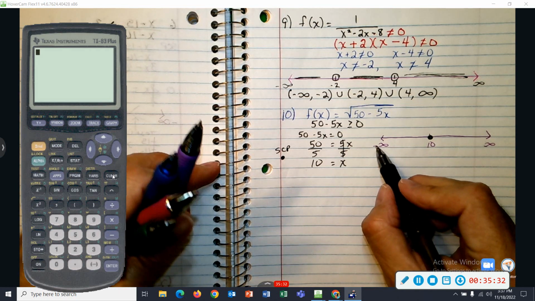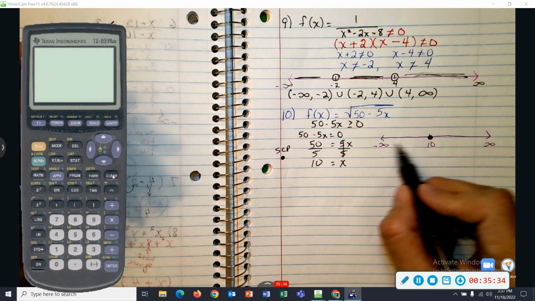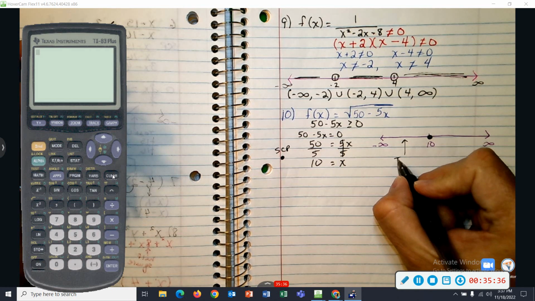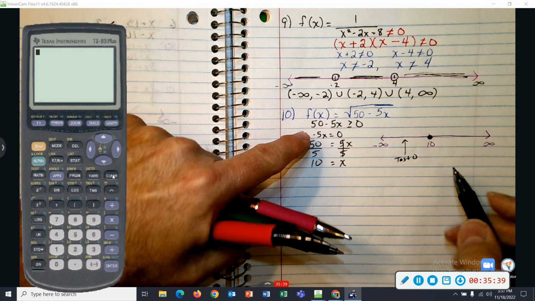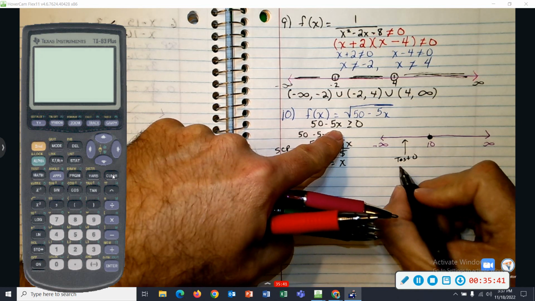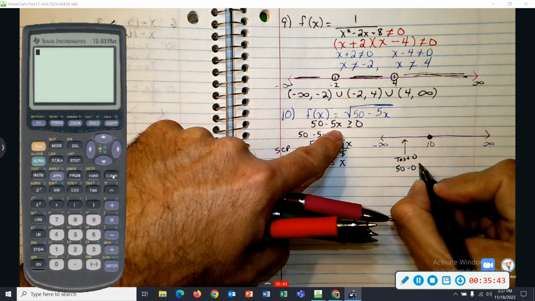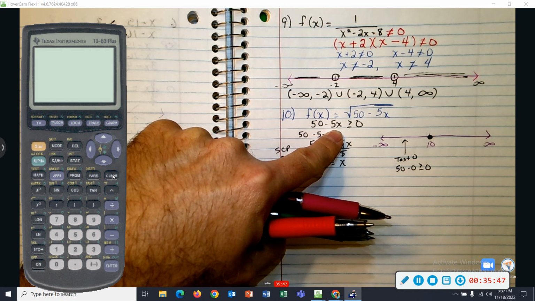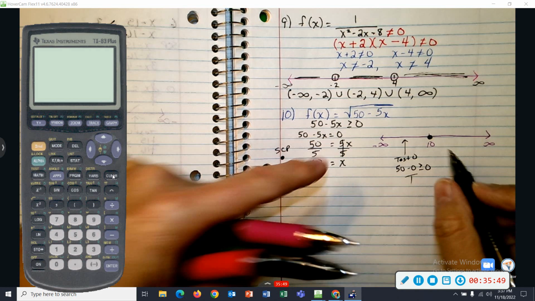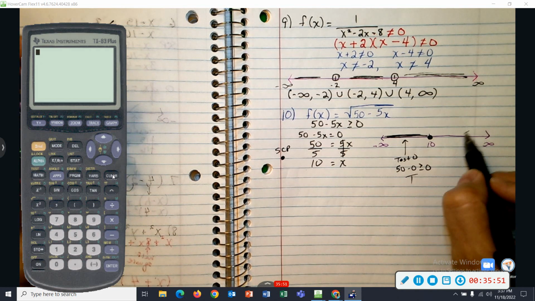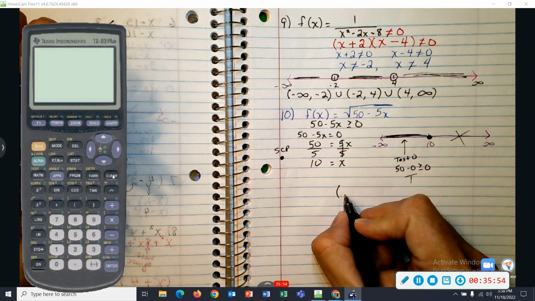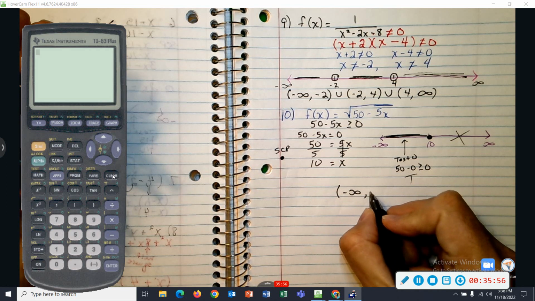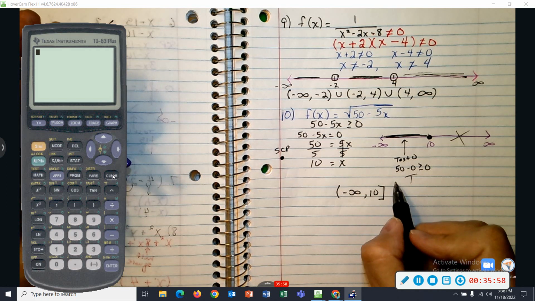If I wanted to test 0, that would be here between a negative and a positive. If I put a 0 right in here for x, we have 50 minus 0 is greater than or equal to 0. That's true. So parentheses, negative infinity to 10, square bracket.